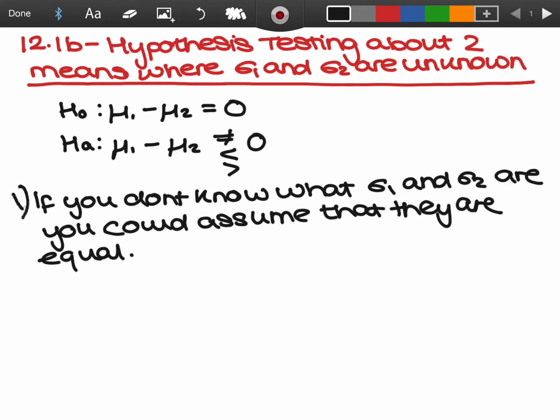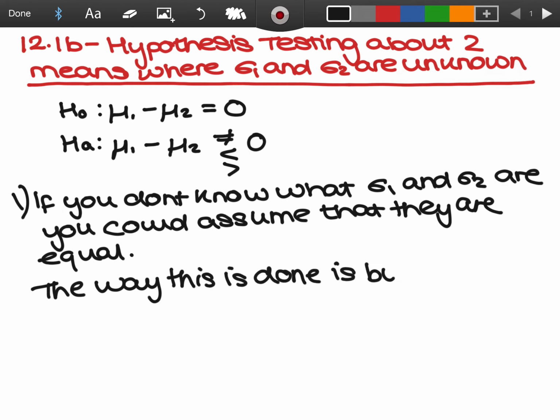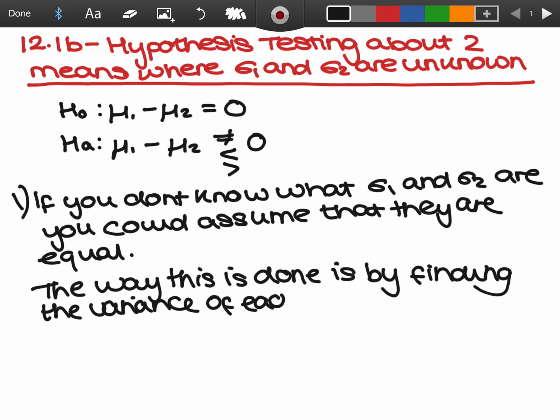So when you assume that they are equal, the way that they do this is by finding the sample variances. So you know that you are given the sample standard deviation for each one of the two samples.